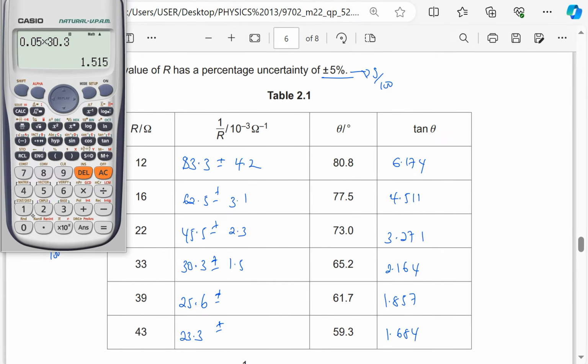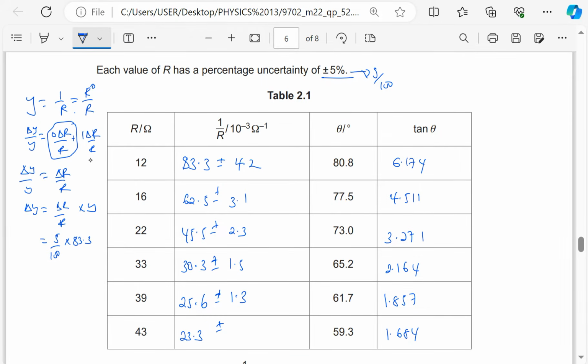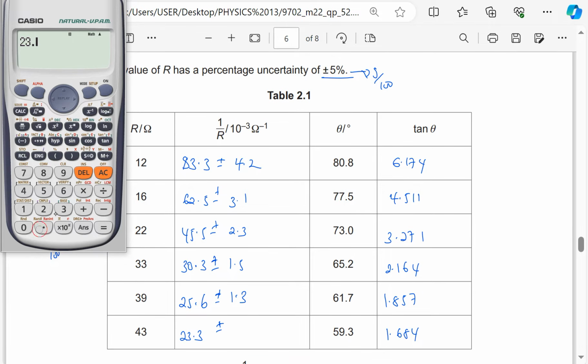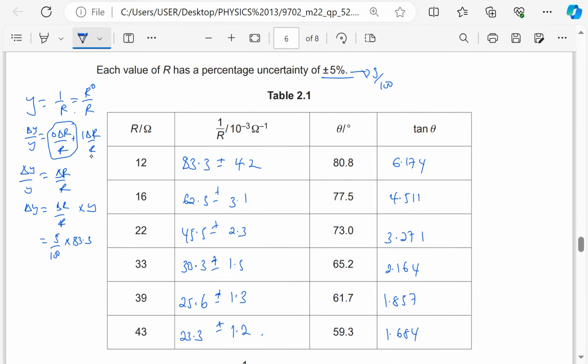Then we have 25.6 times 0.05, which is 1.3. We have 23.3 times 0.05, which is 1.2. Okay, so these are going to be the uncertainties. You could also write the absolute uncertainties to one significant figure because it becomes even easier to plot them. There is no problem with writing absolute uncertainties to one significant figure.